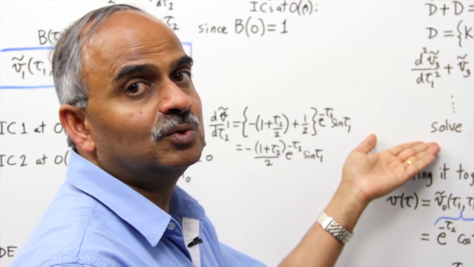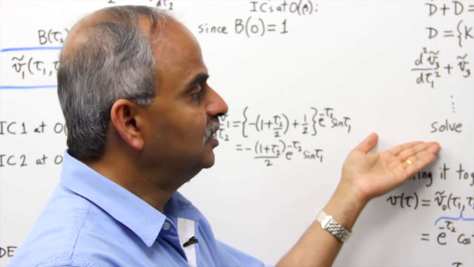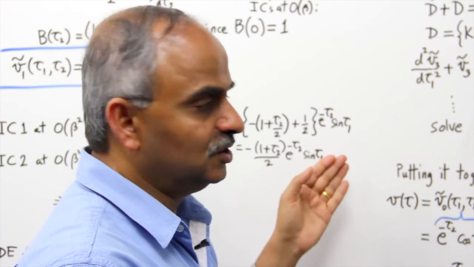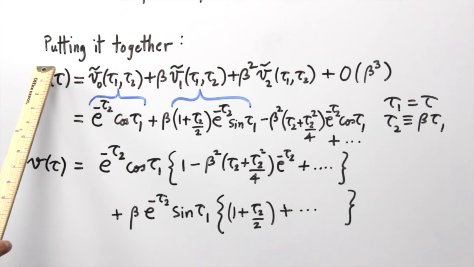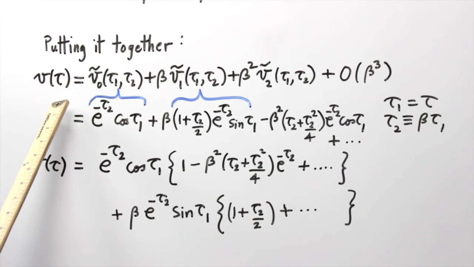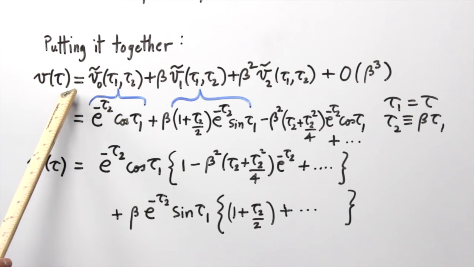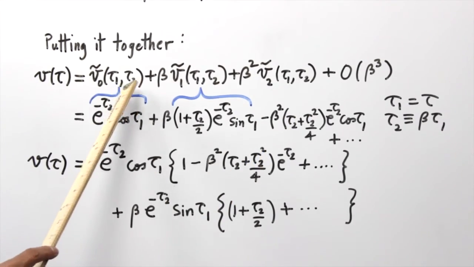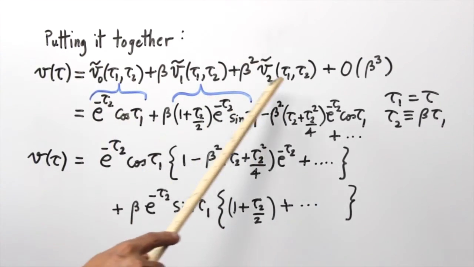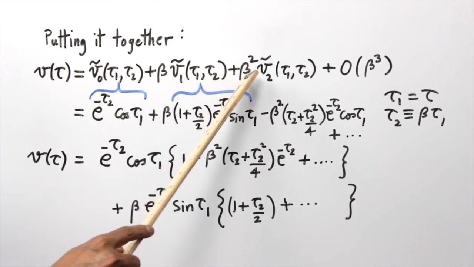And so we can now put all of these together to see what we have got. What is the nature of the solution we have obtained overall? So putting it all together, remember that the expression for the solution that we proposed was in this form, the idea of successive approximations in terms of beta.